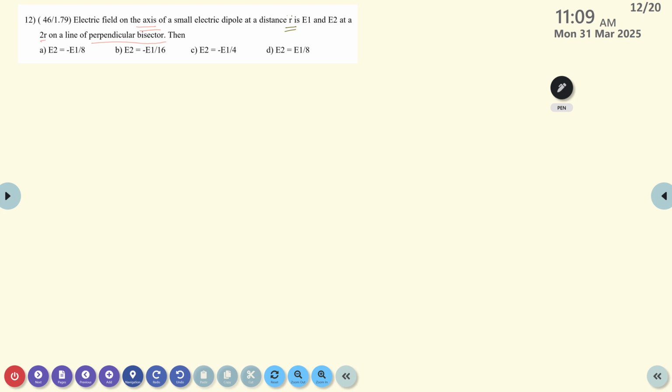For the axial line, E1 is given, distance is R. Next, perpendicular line means the equatorial line. This is E2, distance is 2R, as given.